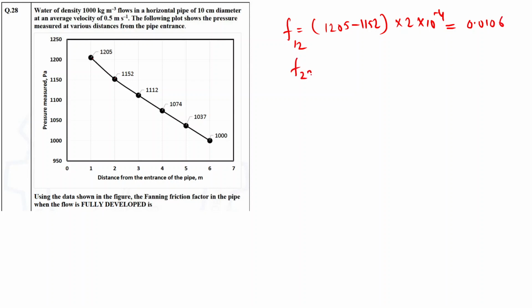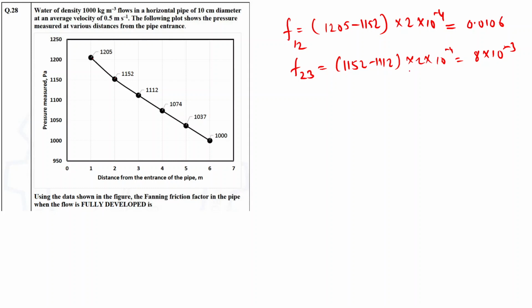Now F23 will be 1152 minus 1112, so that is 40, into 2 into 10 raised to minus 4, that will be 8 into 10 raised to minus 3. So now here we can see that the friction factor within the pipe is changing. As we move ahead in the pipe, the friction factor is decreasing. That means the velocity profile hasn't been fully developed yet.